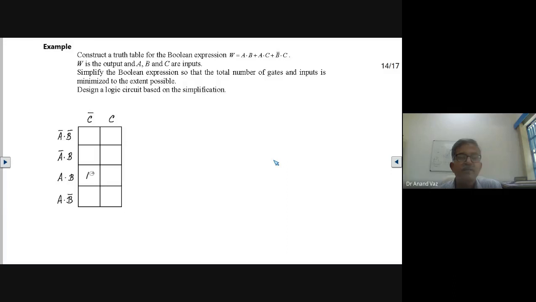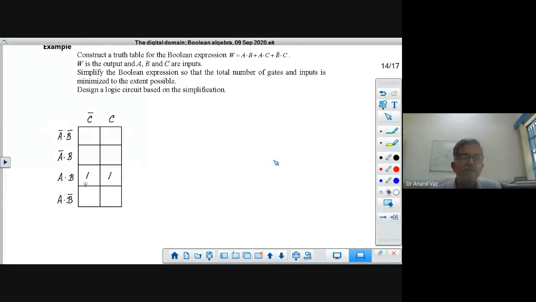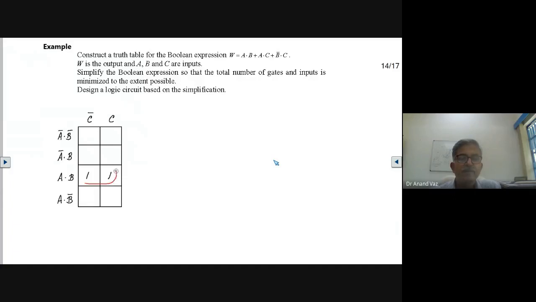A and B is already here. But it's when we place a 1 on both of these that a pair will get identified. So we will have this pair identified here, and this pair is actually A and B, because C has got eliminated. You see, C has changed its state. So C has got eliminated. In the same way, A and C. So we will have to eliminate B. So A has to be retained and C has to be retained, but B has to go.